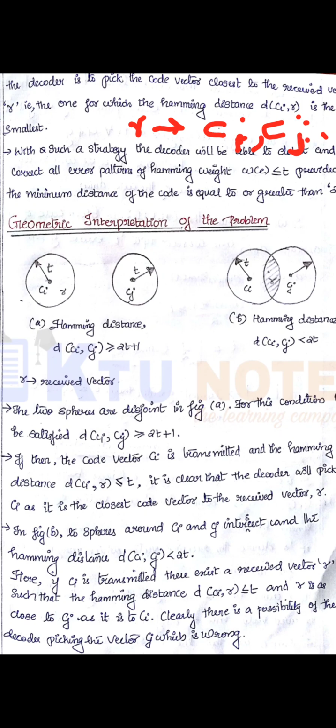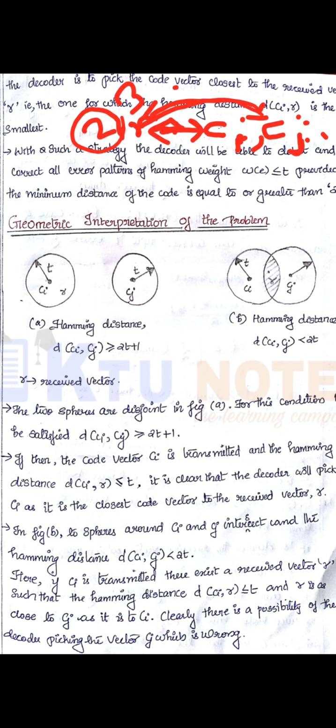Then we look at the minimum distance between R and Ci and between R and Cj. By calculating the distances, we reach a conclusion: if the distance between R and Ci is 2 and the distance between R and Cj is 3, then we select the minimum distance.